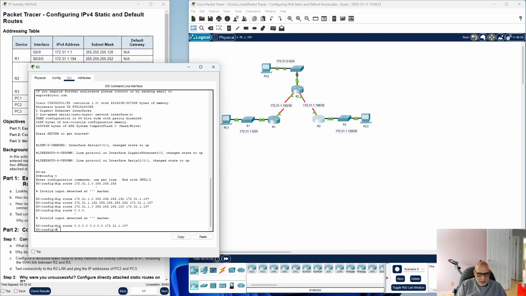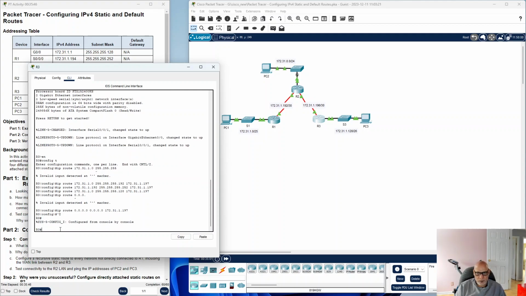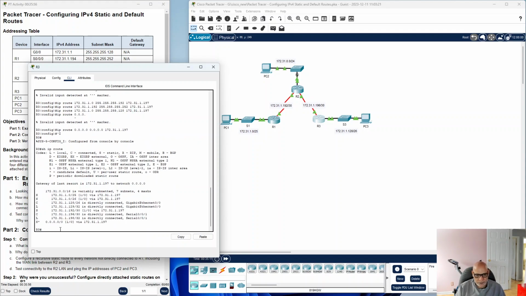Okay, so this is how you create a static and default route in a router. Now, once you create the static and default route, always verify. The best command to verify your static routing is show ip route. And you can see here, S means static route.